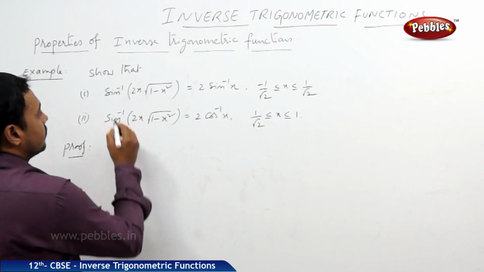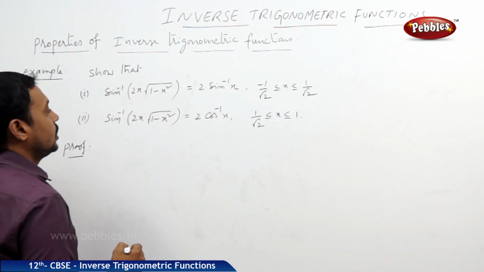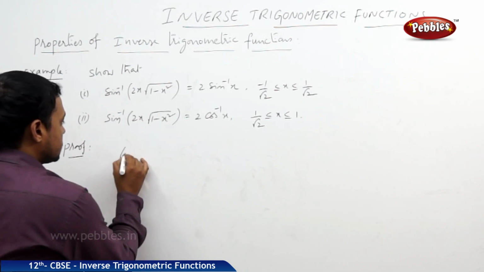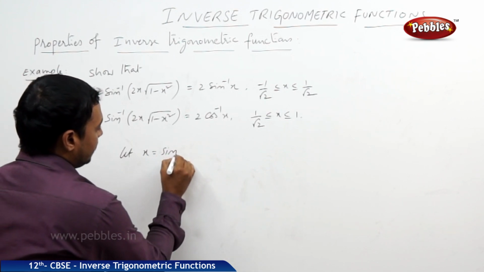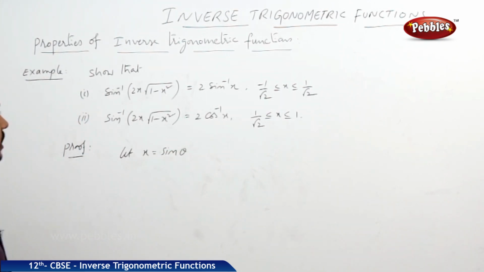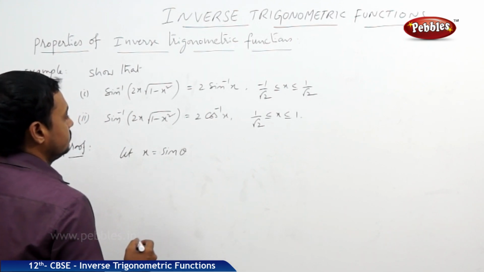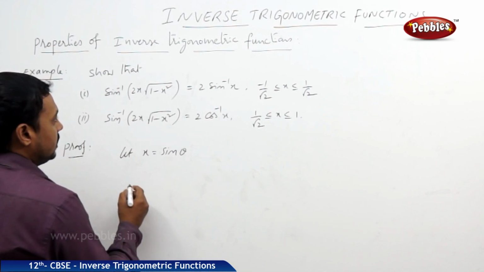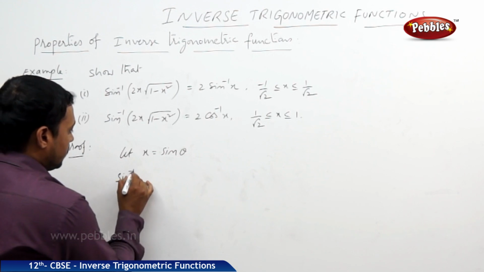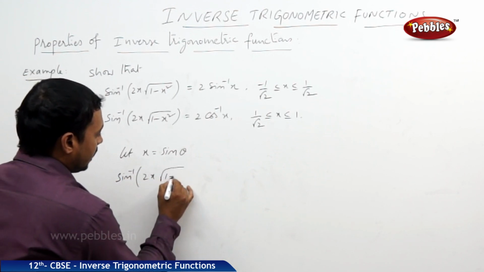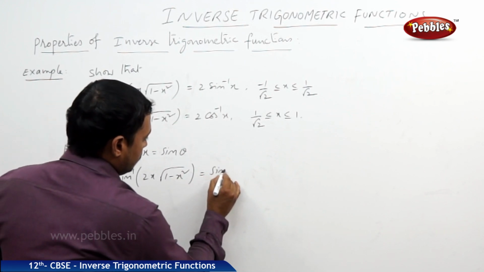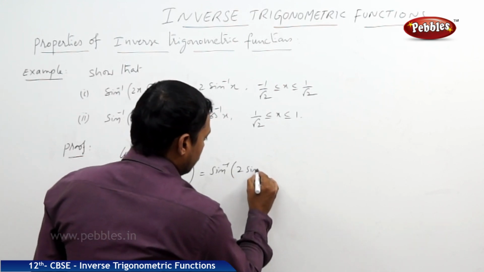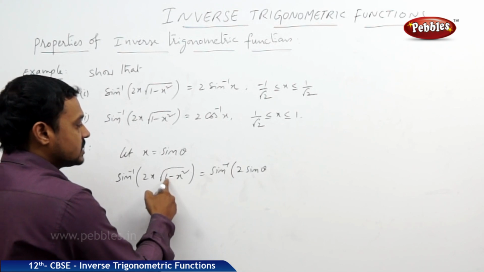Now the first one: sin inverse of 2x root of (1 minus x²) is equal to 2 sin inverse x. To prove that, let us take x is equal to sin θ. Then consider sin inverse of 2x root of (1 minus x²), which equals sin inverse of 2 into, put x is equal to sin θ, root of (1 minus sin² θ).